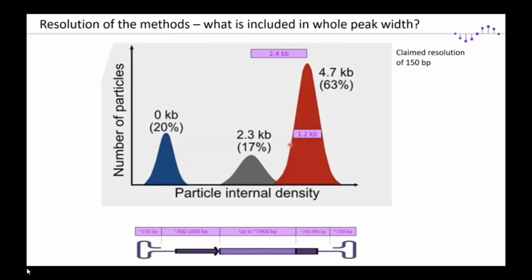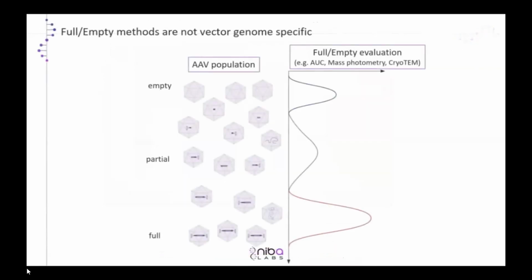And if the peak includes, let's say, 1.2 kilobases of sequences, you might be including in this peak also some fragments of the construct as well. So just to put it schematically in a different way, any of these peaks can include different things. So even the full particle peak can probably include some fragments.